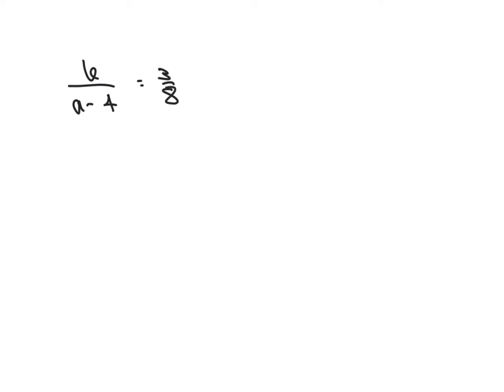Now, when you have a variable like we do here, finding common denominators is a lot easier because you're not looking at what is the common denominator of 3 and 2. You're finding the common denominator of 8 and a minus 4, which just means you put the two together. So we're going to multiply the entire thing by 8 and a minus 4.